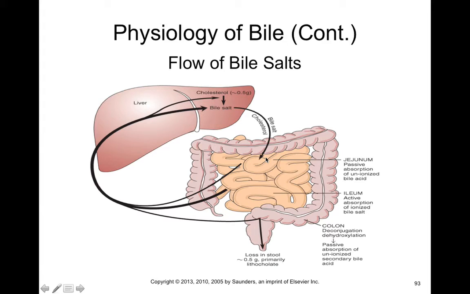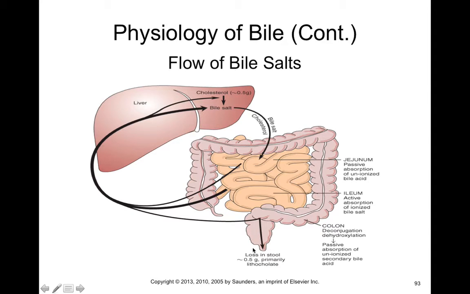Then we get reabsorption of some substances, like some of those bile salts and cholesterol, which can be reabsorbed back into your bloodstream and then recycled to be reincorporated back into bile. So it's an interesting process: although bile is incorporated into digestive contents, we still reabsorb some of those components and they get recycled back into bile. So it's kind of cool.